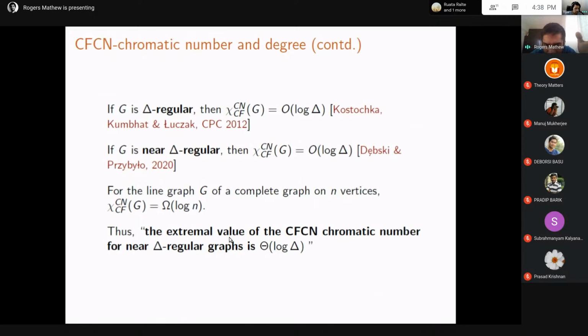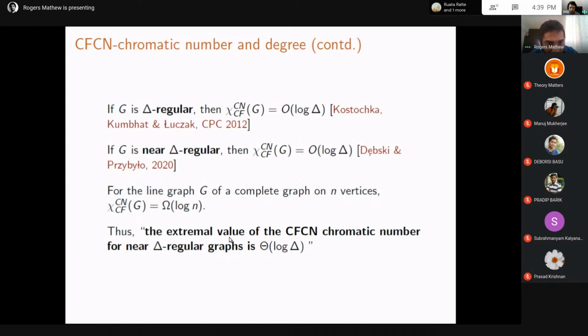So whatever, 2n minus 1 or 2n minus 2 regular graph. Now you take any, this is true for every line graph, this lower bound. So for any n, you can get that bound. So if you want, say, your delta to be 100, then you take some complete graph on 50 or 51 vertices or something. So 2n minus 2 will be 100.